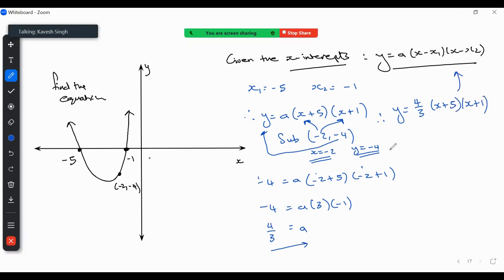And that's going to be the equation there. And what we can do is multiply this equation out and get it into the form of a normal quadratic, ax squared plus bx plus c, by expanding the brackets. And by expanding the brackets, we will get there. Okay.